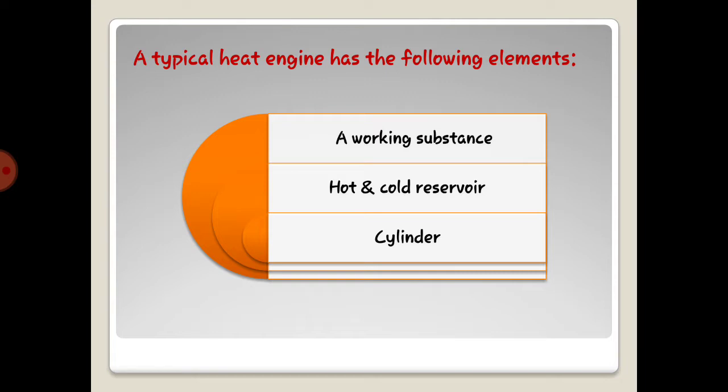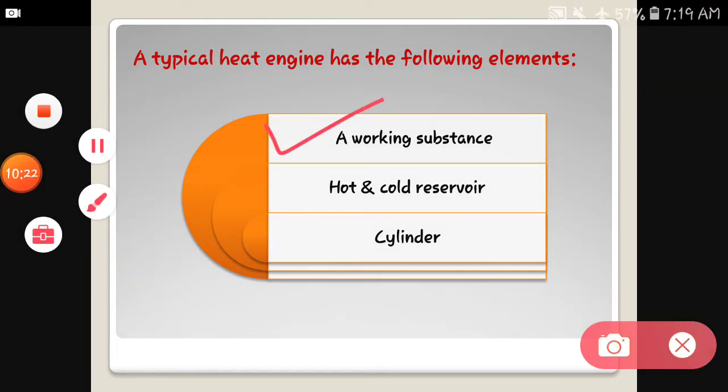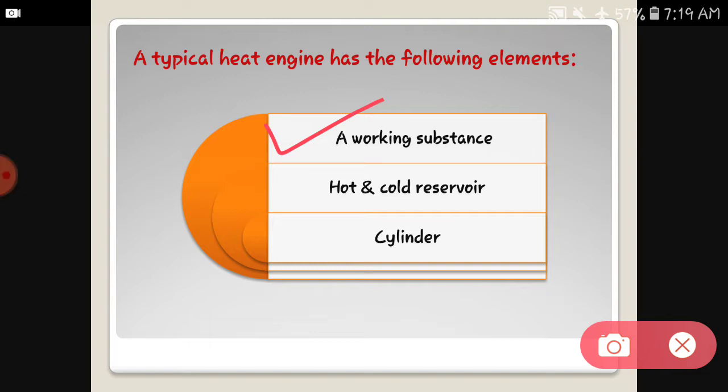So here are the elements which give you an idea about the heat engine, and the first one is the working substance. Second are the hot and cold reservoirs. As I told you, a reservoir is a source which gives heat to the engine.